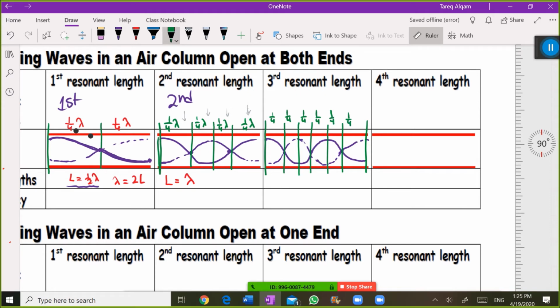So basically here L equals 6 over 4 lambda, which is the antinode.